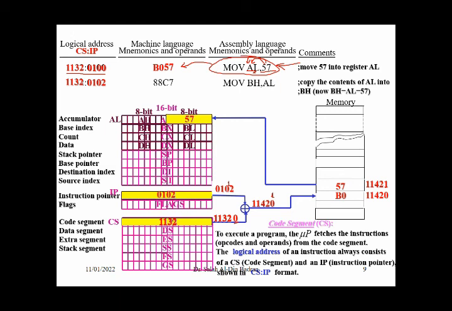CS is fixed for 1132. The number that will change is the number inside IP, as we saw. It will increase itself and go there after finishing this operation, to start with this instruction, that its code is this one.